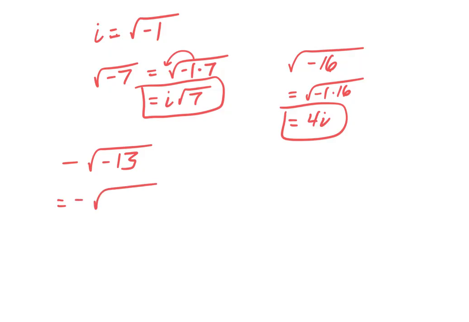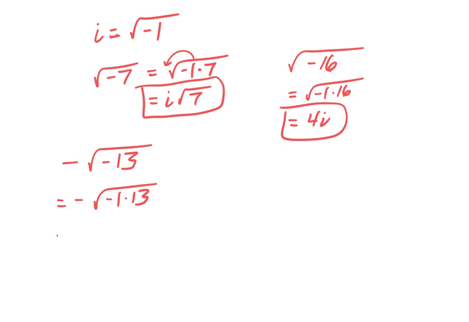As you do this more and more, and because you've kind of done this before, you probably are going to be a little bit better, hopefully, at it than what you were even last year. But I always like to rewrite it, okay? And like I said, as you become better at it, maybe you don't need to rewrite that every single time, but just knowing why and where it comes from, this -1 is coming out of the radical, and it's becoming an i.